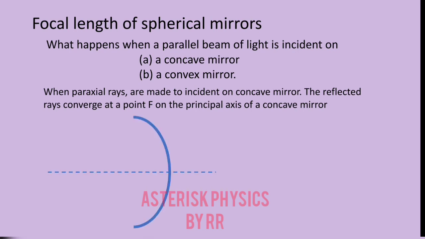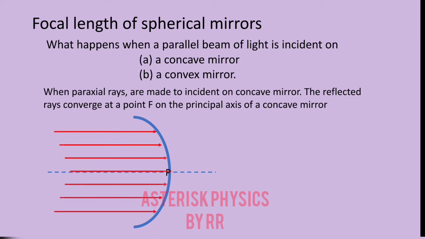Here you could see a concave mirror, and the dotted line represents the principal axis. Now let us see. P is the pole, and if paraxial rays are made incident, all of them get reflected and they pass through a common point F on the principal axis, and that is what is called the focal point of the concave mirror.